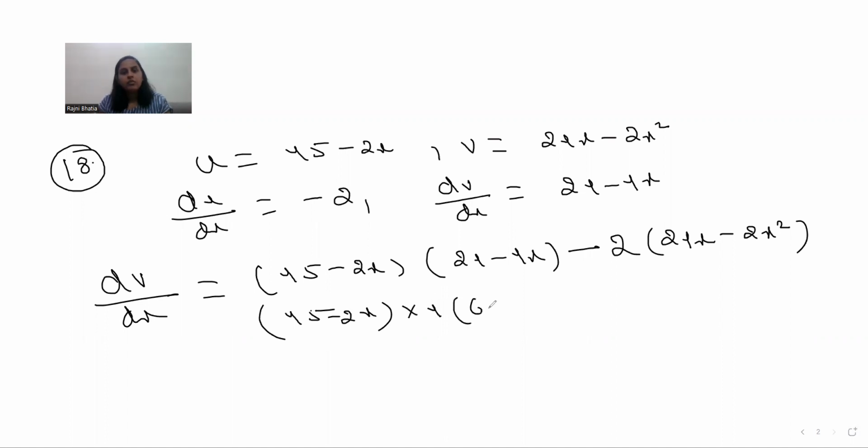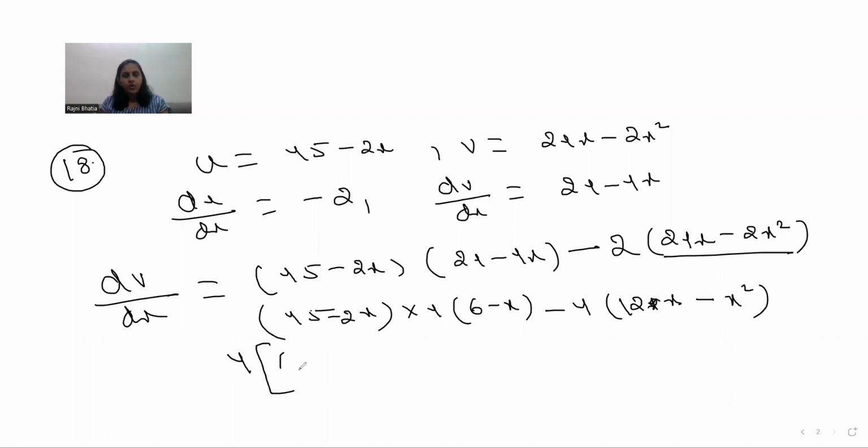From here, I can take 4 common and it is going to give me 6 minus x. And from here, I can take out 2, so 2 into 2, 4. And this is going to give me 12x minus x square. So overall, I can take out 4 common. Now, whatever is left, I'm going to open it and solve.